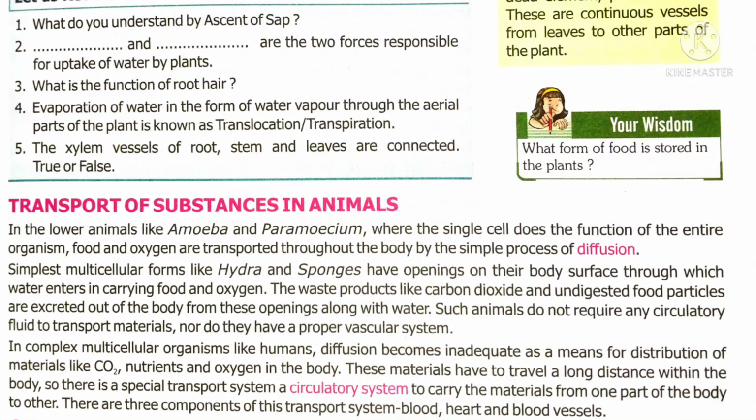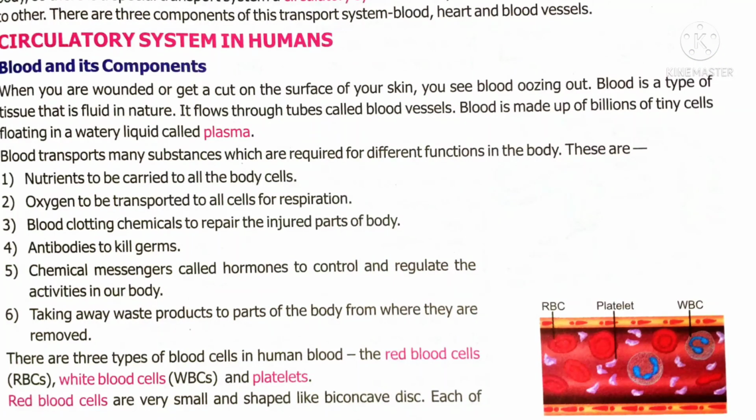The three blood cells which are carried in plasma are RBC, WBC and platelets. RBC is also called erythrocyte, WBC is also called leukocyte, and platelets are also called thrombocytes, which are the different blood cells in human blood.